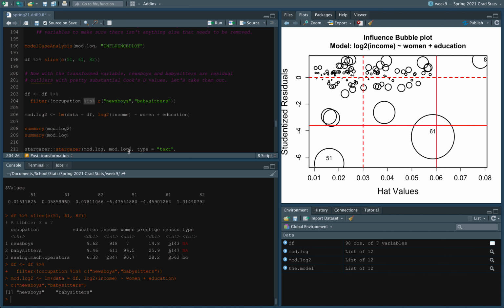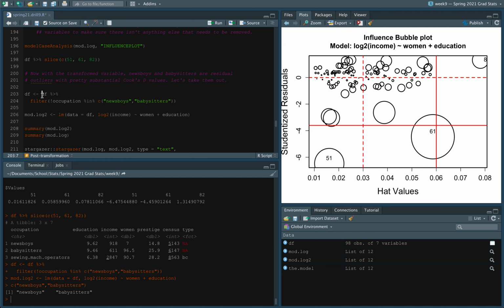This in operator says to take whatever's on the left hand side and look for it in the vector on the right hand side. In this case, we're saying occupation in the vector newsboys and babysitters. But because we start out with this exclamation point, it's not occupation in newsboys and babysitters, which could also be verbally read as occupation that's not in the list newsboys and babysitters.